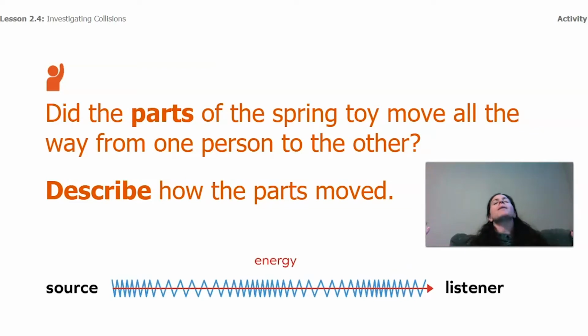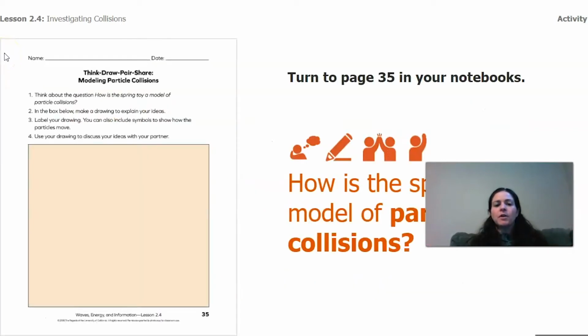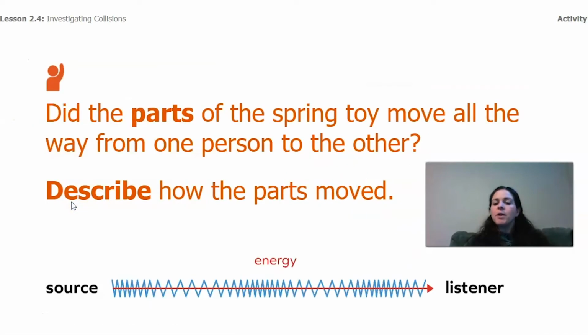If we're going to describe how the parts move, if you have your investigation notebook, you can write down what you think happened. If not, maybe you can pause the video and tell somebody what you think. Describe how the parts moved. All right, welcome back. Now, if I'm describing how the parts moved, I'm thinking about that spring toy.